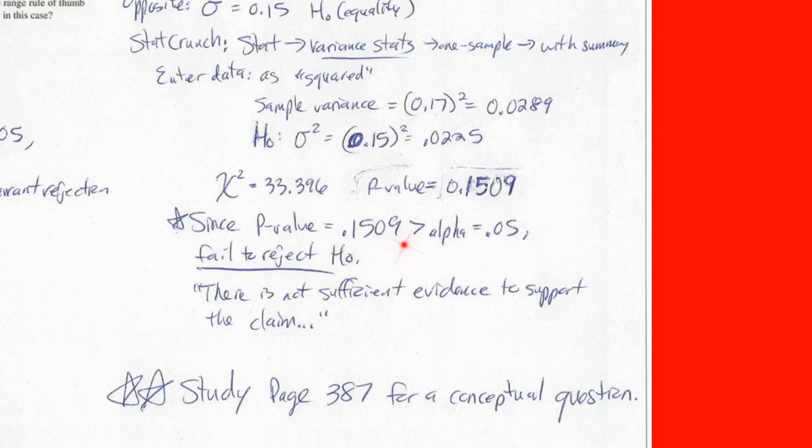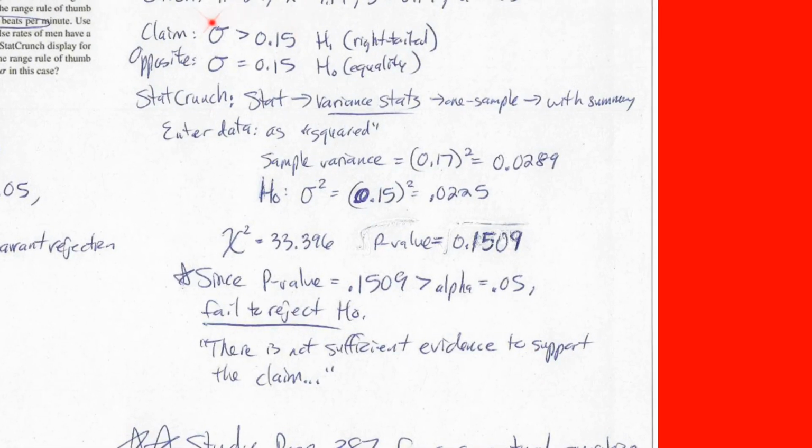And because this is greater than 0.05, we fail to reject H0, which means that there is not sufficient evidence to support the claim. If we don't have enough evidence to support this claim, we have to basically go back to the status quo, that the standard deviation is 0.15.